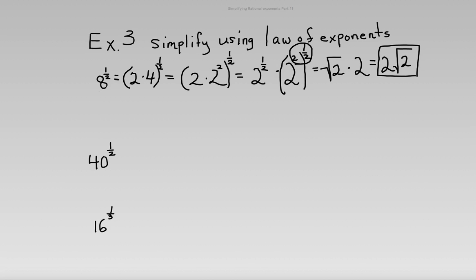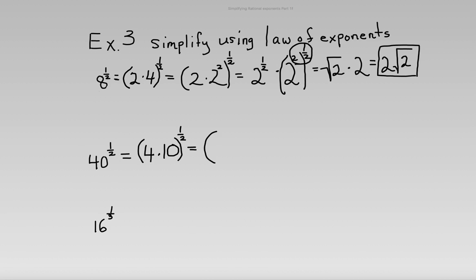Okay, so the same thing goes here. 40 is 4 times 10. And we know that 10 is not a perfect square, so we can't get a whole factor from the square root of 10, but we know that 4 is a perfect square.